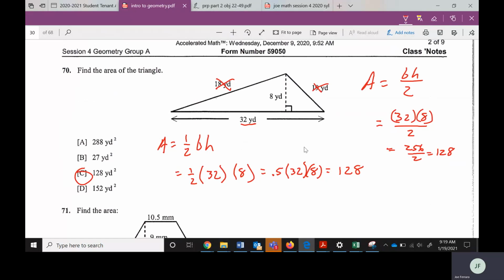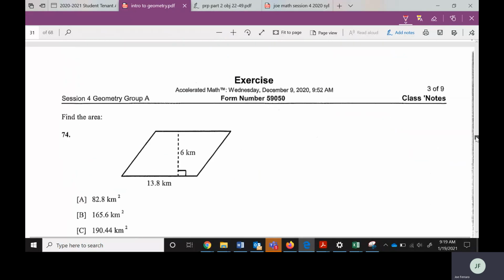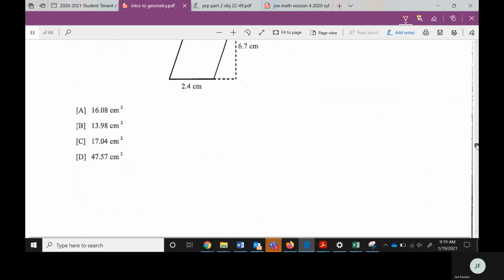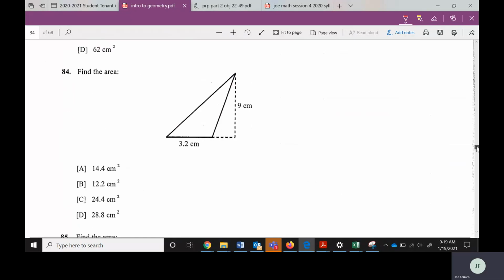Okay, now we're going to go to, sorry if we keep doing this, but we're going to go to 84. Do the next type of triangle problem. Again, it's not much different here, but just to show you that sometimes the height is not in the triangle. So this is one of those instances where the point across from the base that we're going to use isn't actually at a right angle above it.